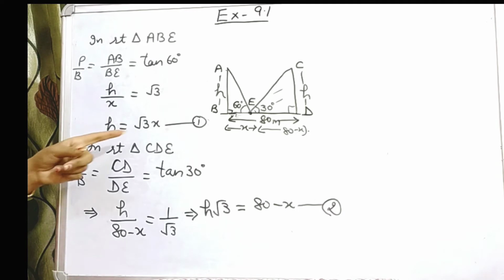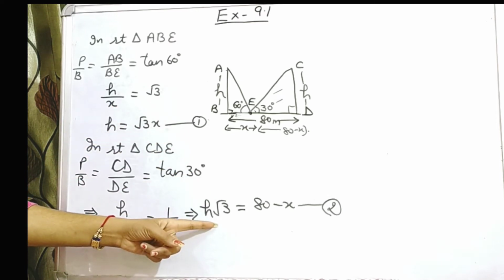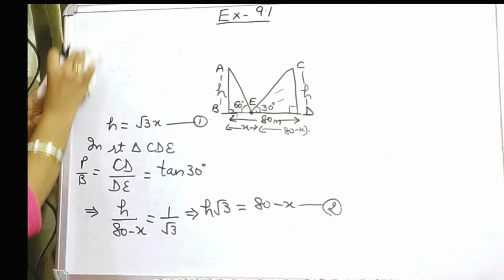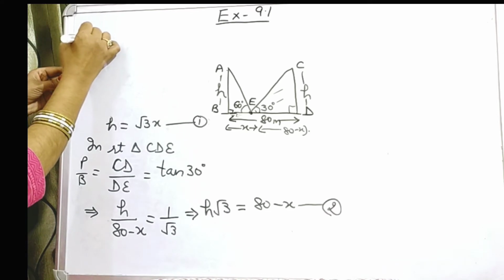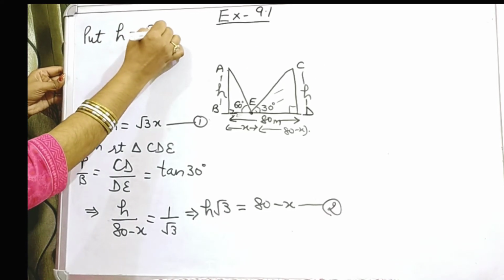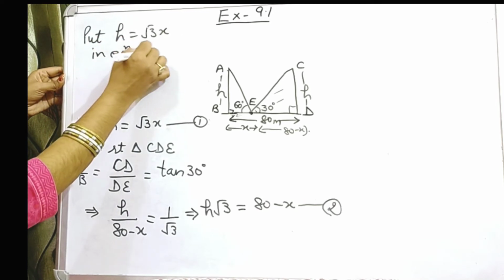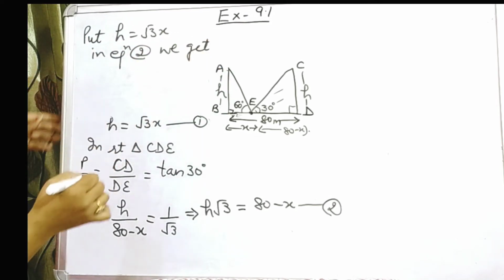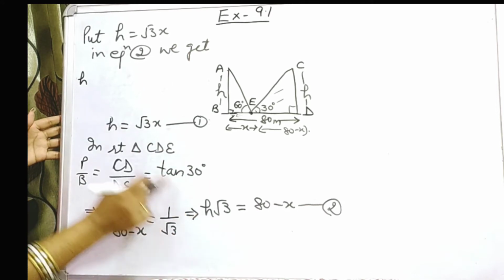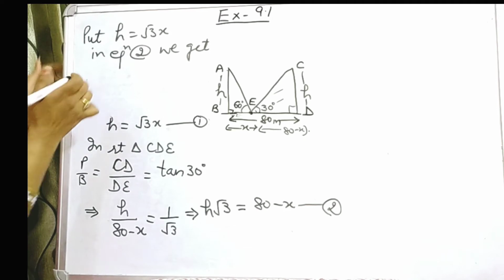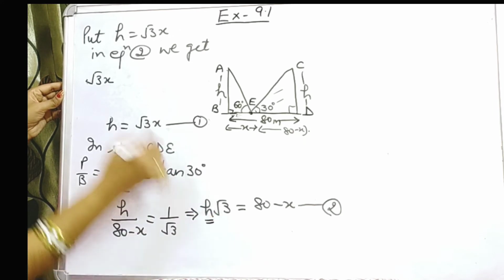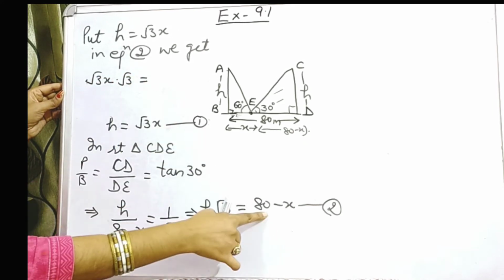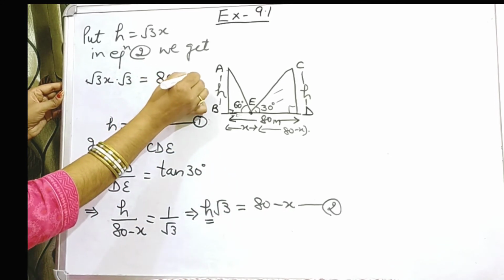What I'm doing here is putting the value of h from equation 1 in equation 2. So putting h equal to root 3 x in equation 2, we get root 3 x into root 3 equal to 80 minus x.